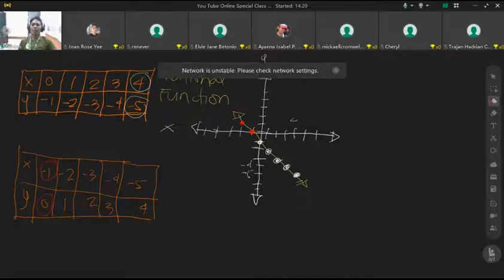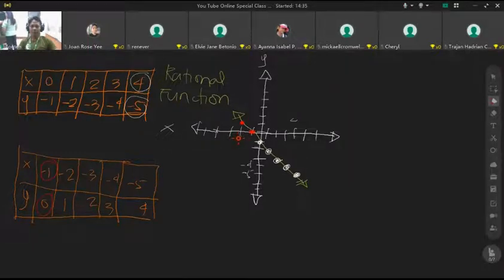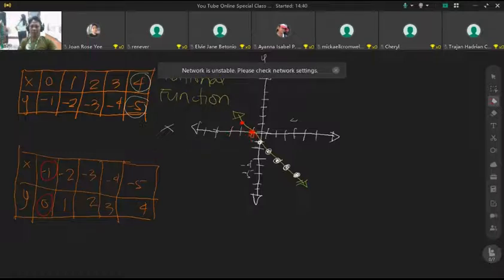Tama ba? If the x is negative 3, your y is negative 2.